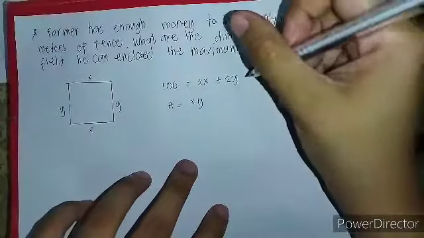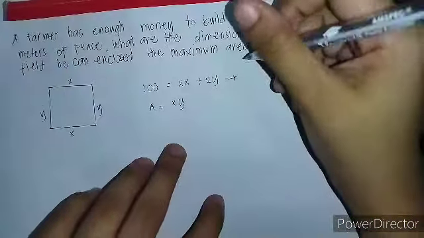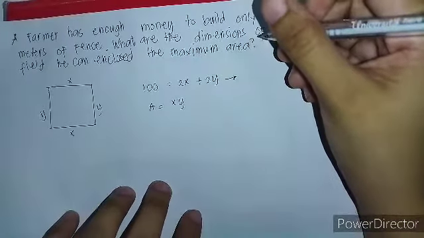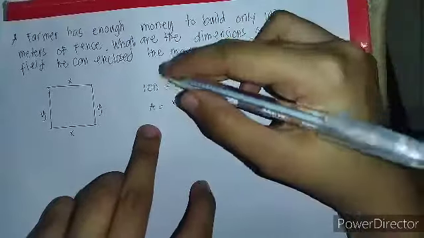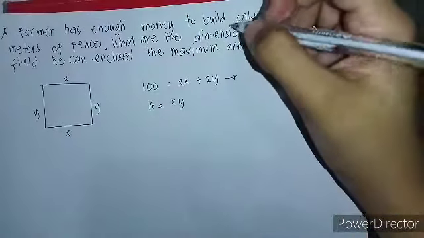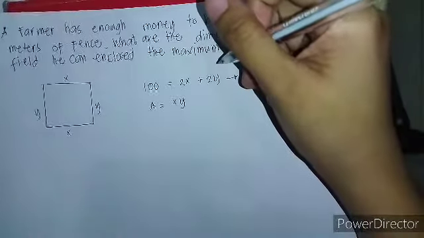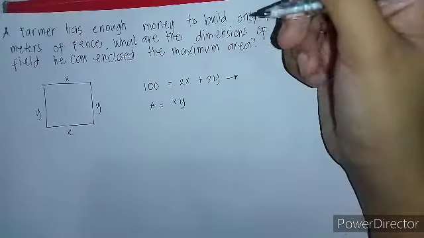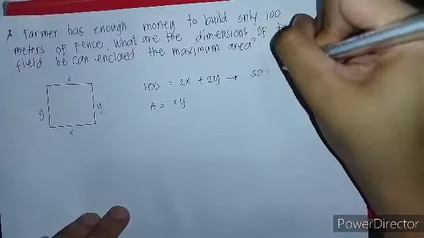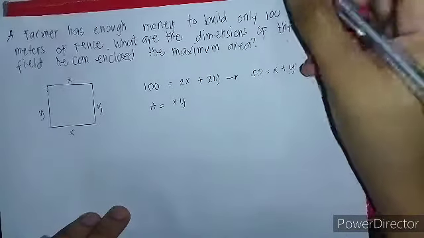Then in this equation, we can simplify it by multiplying both sides by 1/2. So we get 50 is equal to x plus y.